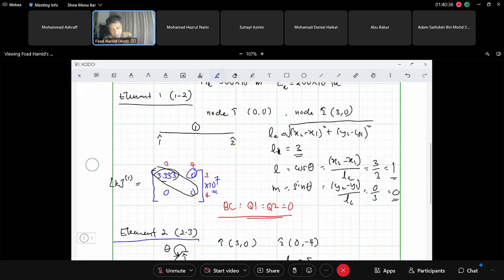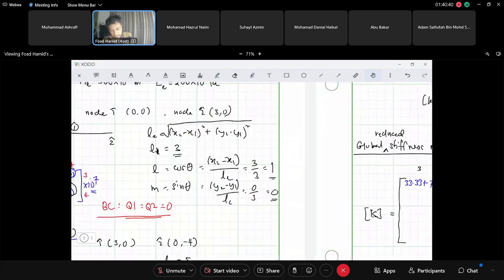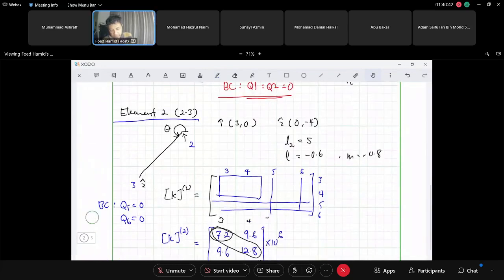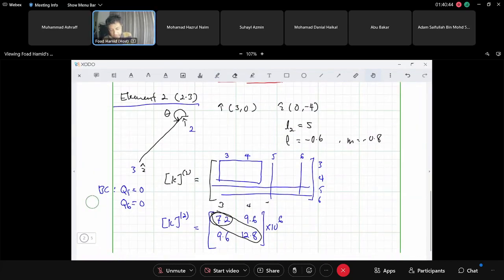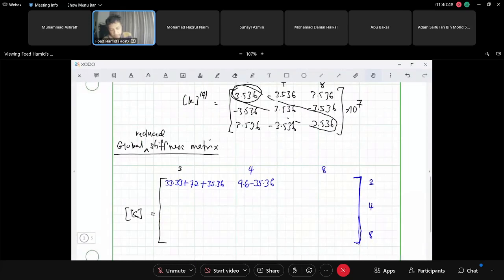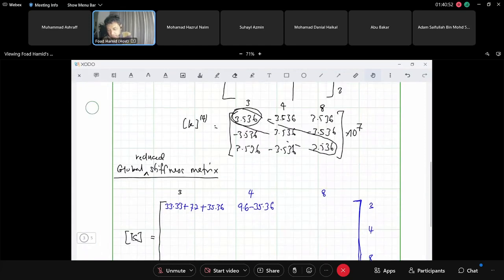So it's 3.33, which is this one. Element number 2 is again 3 and 3, which is 7.2. And element number 4, again 3 and 3, is 35.36.